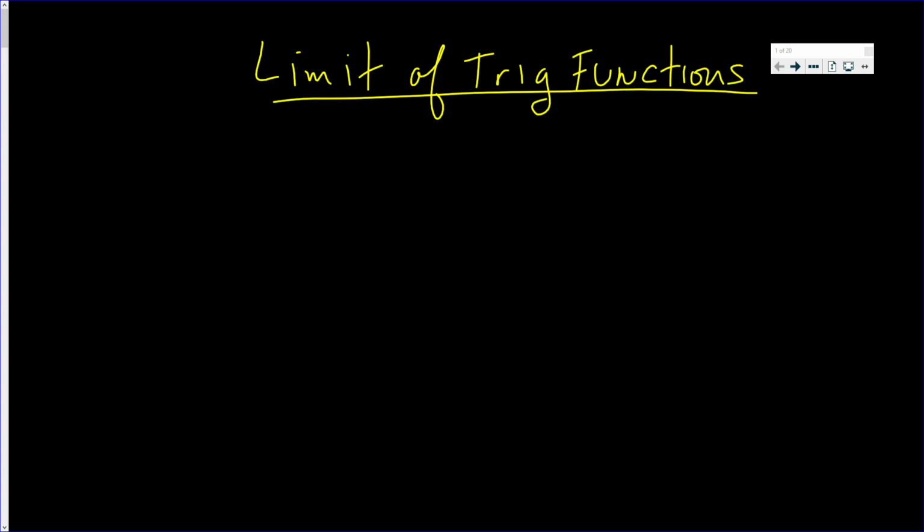We are going to talk about limits of trig functions. If you are going to take the limit of just a trig function, trig of x, that means sine of x or cosine of x or tangent of x or cosecant of x, etc., it is nothing more than direct substitution.